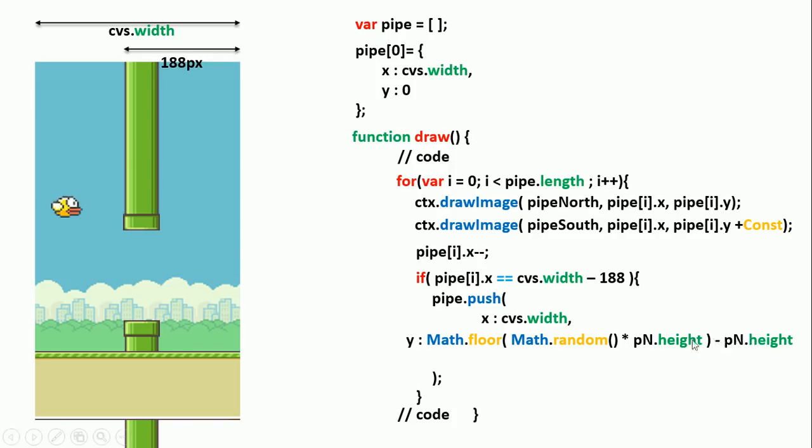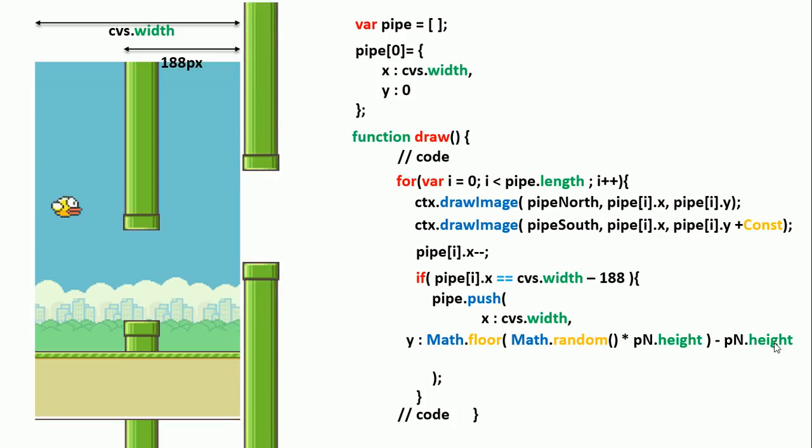So in this case we will get numbers between 0 and minus the pipe height. And so then we'll get new pipes, for example, right here. And so on, when these pipes reach this position, we will push new coordinates to our pipe array.